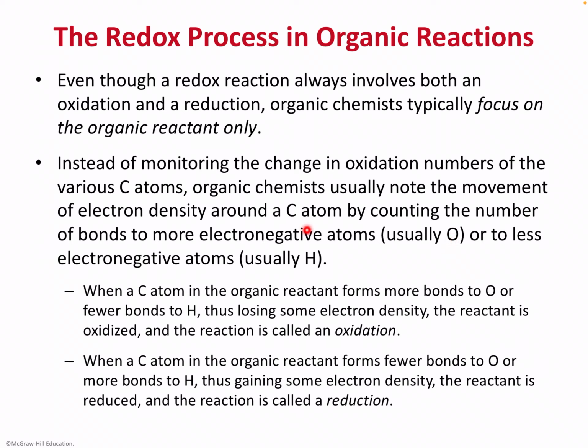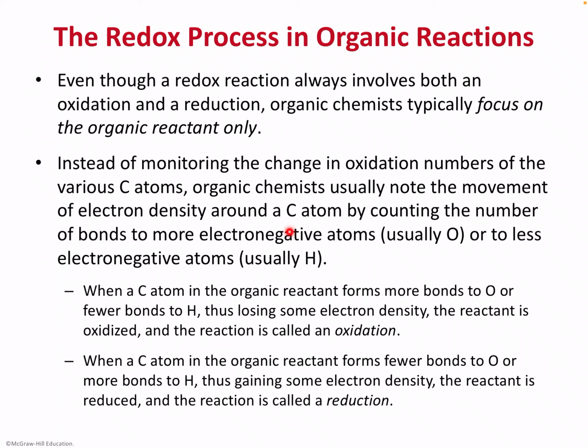When carbon is attached to hydrogen, when it has more hydrogen, hydrogen is not as electronegative as oxygen. Hydrogen is 2.1, carbon is 2.5. Lithium is 1, beryllium 1.5, and carbon is 2.5 and hydrogen 2.1.